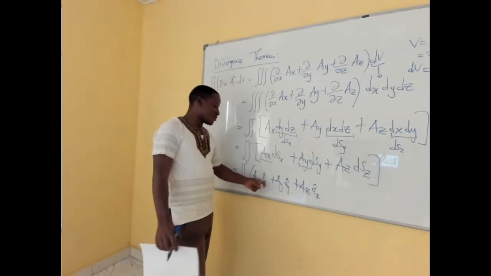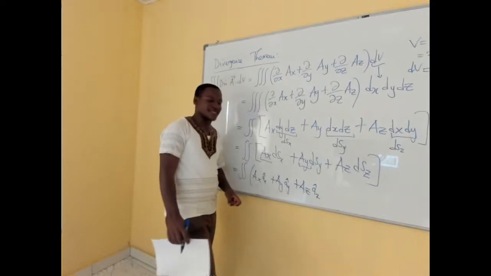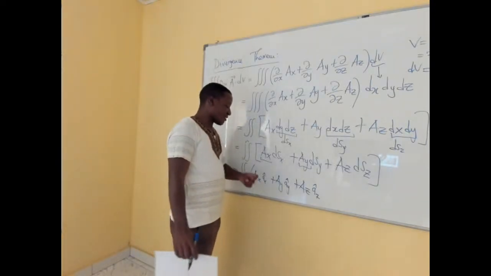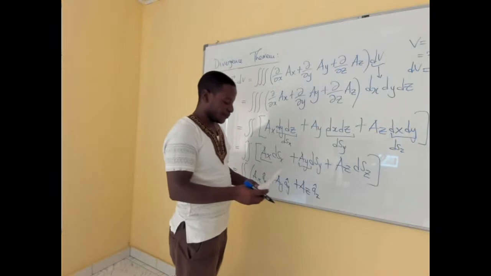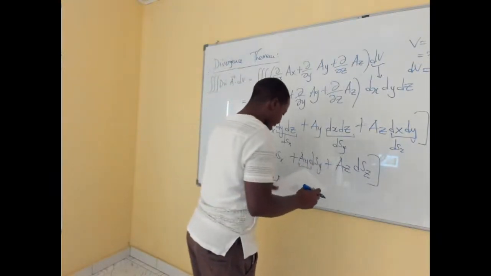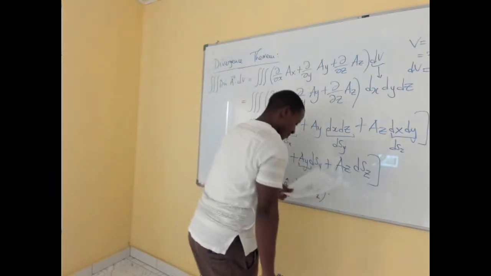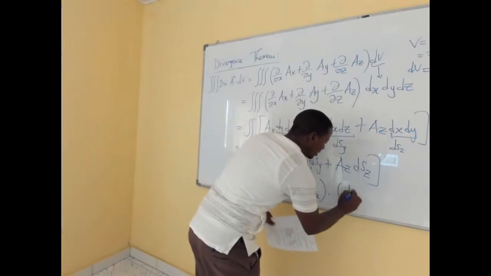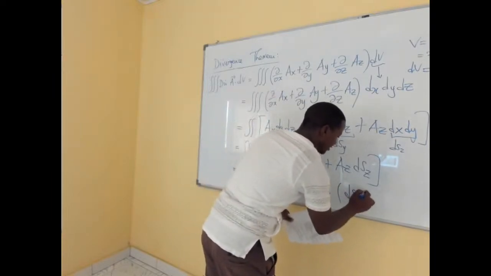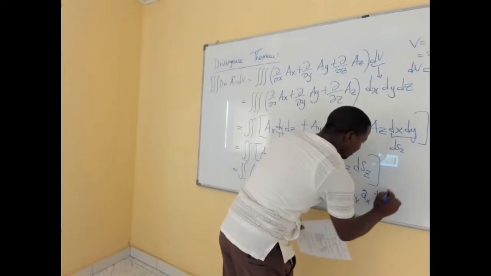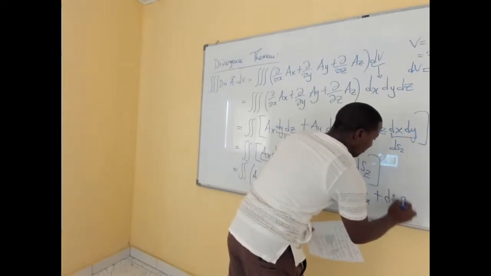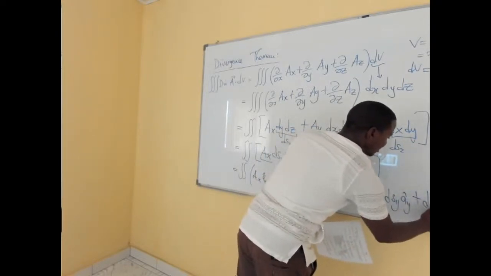So multiplying a unit vector to a vector does not change it. You just introduce it because it is a unit vector. Right? Then this we are multiplying into the dSx of ax plus the dSy of ay plus the dSz of az.